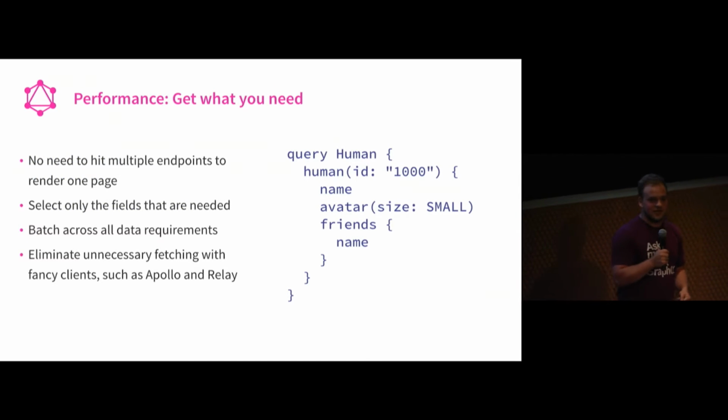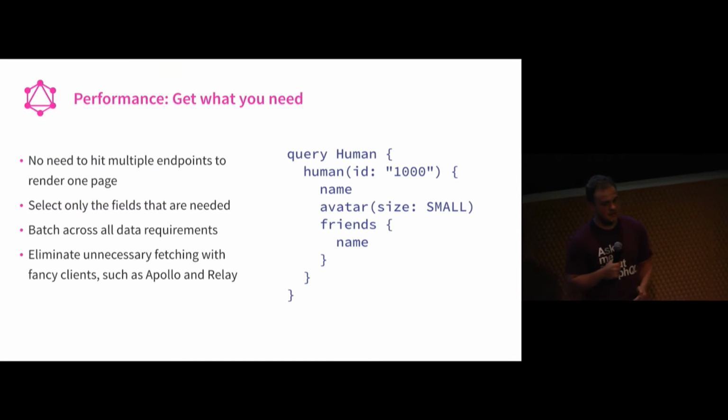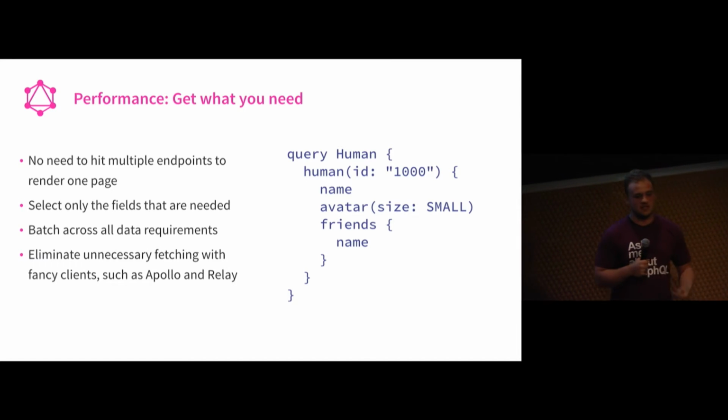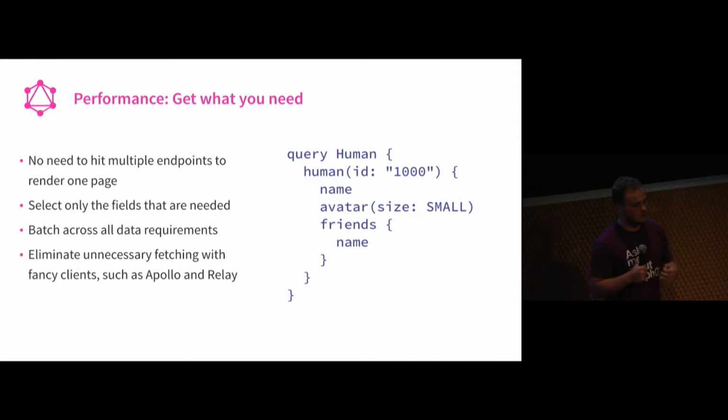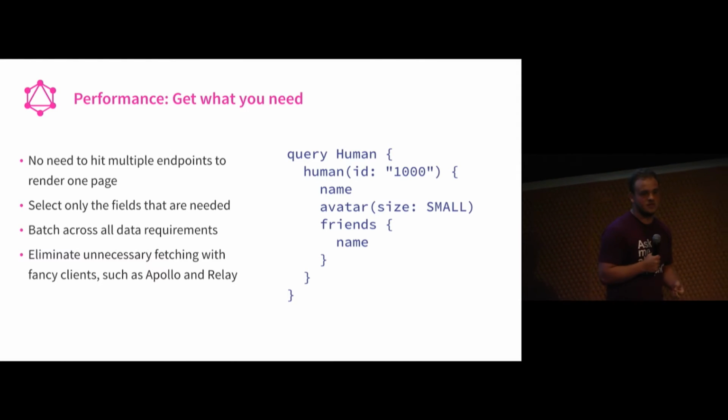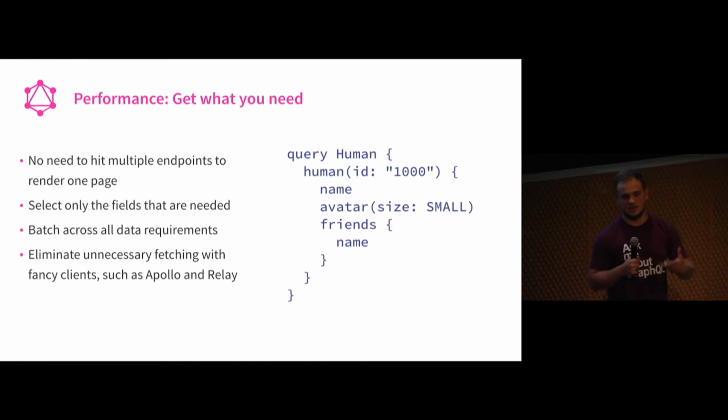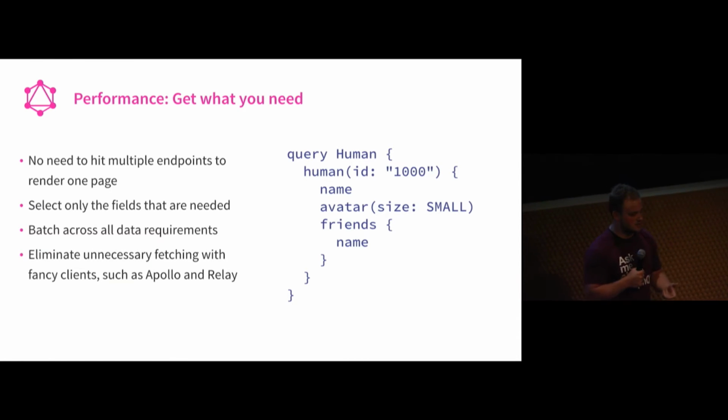On the other hand, for the backend developers, the really cool thing is that it has potential for a lot better performance. So because you get all the data requirements up front, you can have one query that's requesting nested data, which means you can plan ahead to what data you need to fetch instead of having multiple REST API calls to get those combined blobs of data.